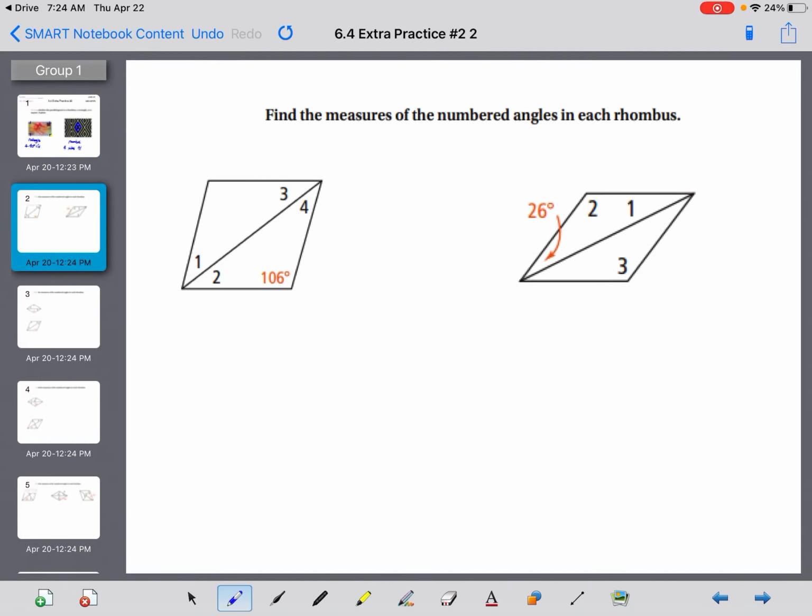Okay. Here it says find the measure of the numbered angles in each rhombus. Well, we know that diagonals bisect the corner angles. Right? So that means that 1 and 2 are the same, and 3 and 4 are the same.